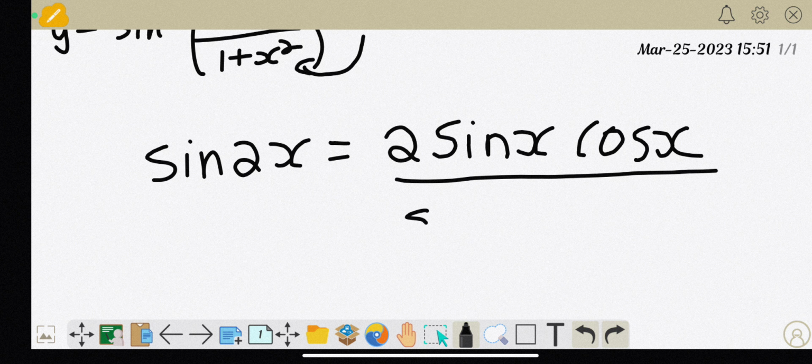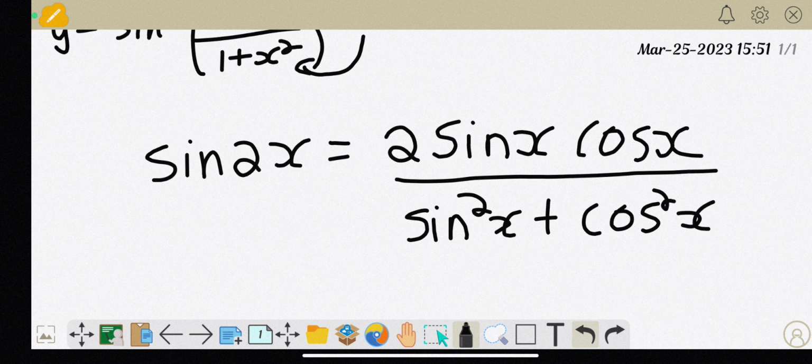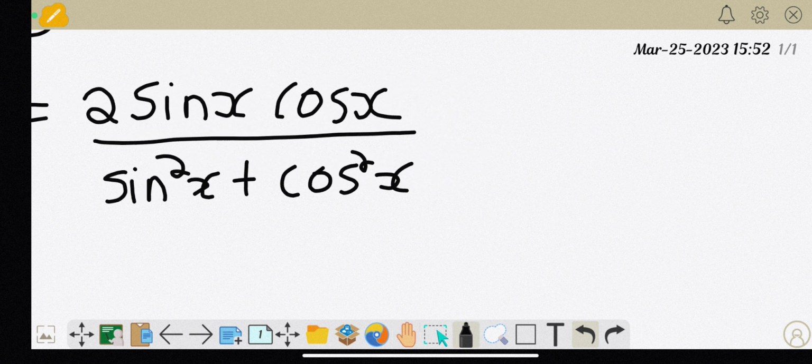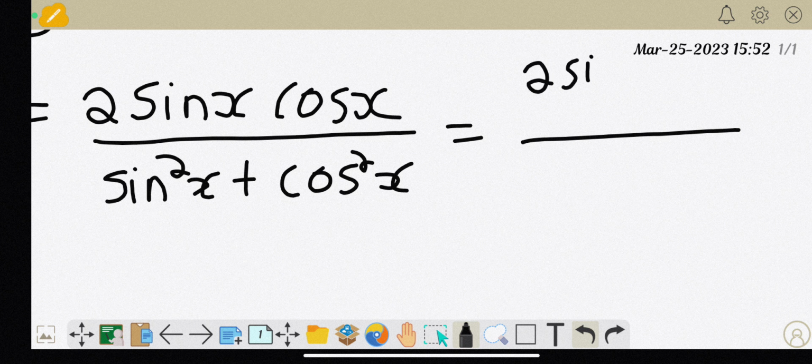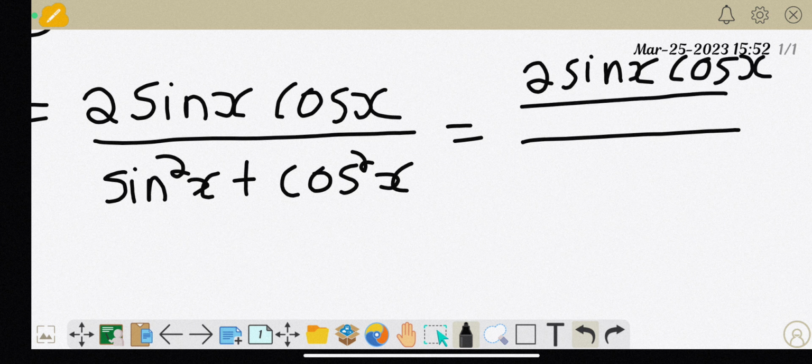So 1, how can we write? Cos square x, correct? So now next step, what I will do is divide by cos square x on both sides. On the numerator and denominator I will divide by cos square x. So here 2 sin x cos x divided by cos square x.